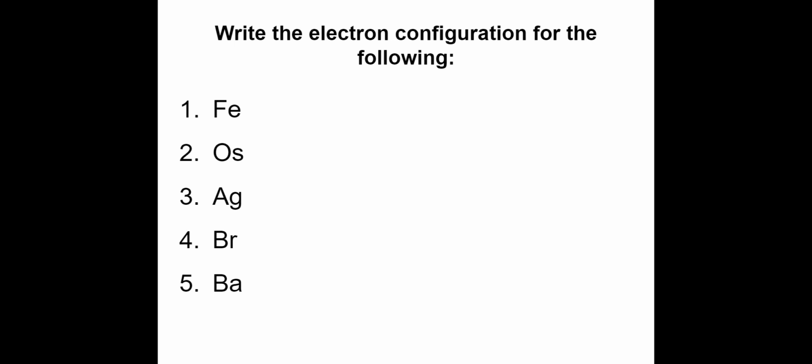And then underneath that, it says in square brackets, argon. After that, it says 3d6 4s2. The argon is a shorthand way of saying do the complete electron configuration of the previous noble gas in atomic number.